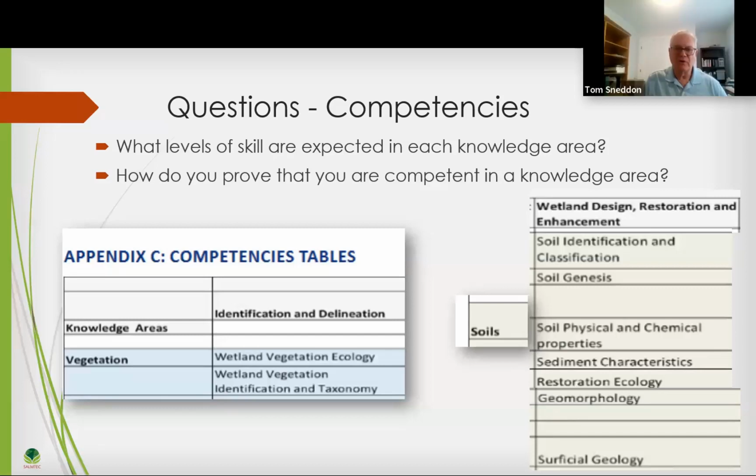Well, as a member of the Board of Examiners for APEGA, I do have some experience with that. Competency consists of three components. The first is education. The second is experience. And the third is the performance of the individual in carrying out their technical work.